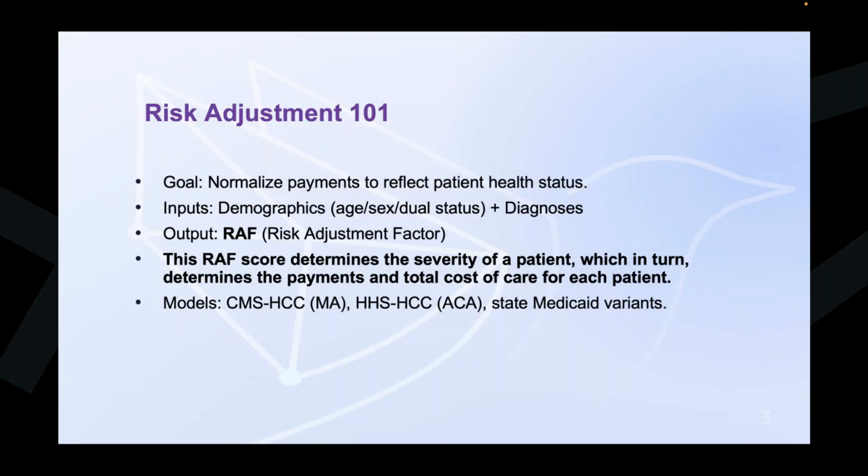Again, apart from the conditions, there are certain other factors that determine that RAF score: demographics, age, gender, what's their eligibility, what is their enrollment status, because this is a bit more nuanced in the sense that if a person does not have full medical coverage, then the risk factor would be a bit higher than for a person who has full medical coverage.